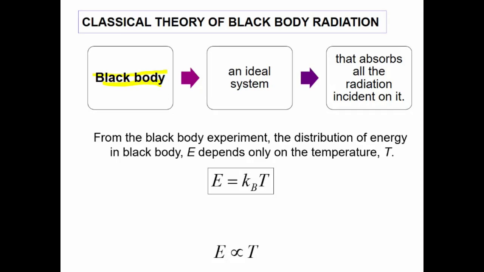An ideal body which can emit and absorb radiation of all frequencies is called a blackbody. The electromagnetic radiation emitted by such bodies is called blackbody radiation.